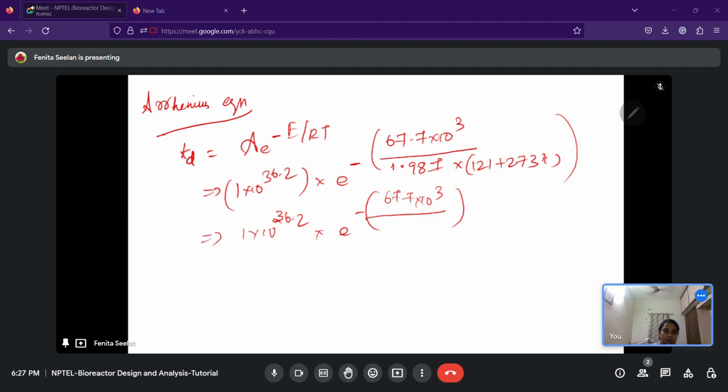What will be the answer? Please solve. 121 plus 273 is 394. So 2.997.